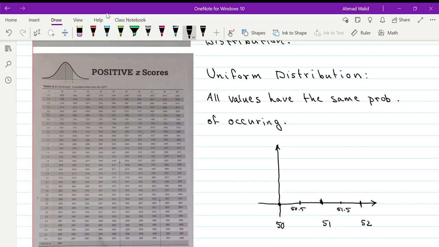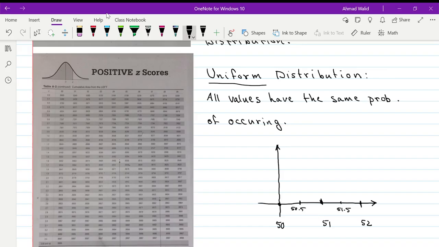Based on the uniform distribution definition, I'm looking at the probability that I'm finishing your class today at 50 minutes, maybe 50.5 minutes, 51, 51.5, or 52.